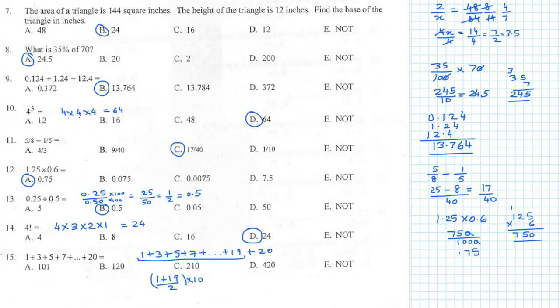So that would be the sum, and then we have to add 20 to it. So this will give us 10 times 10 plus 20. So this is 120. So the correct answer is B, 120.